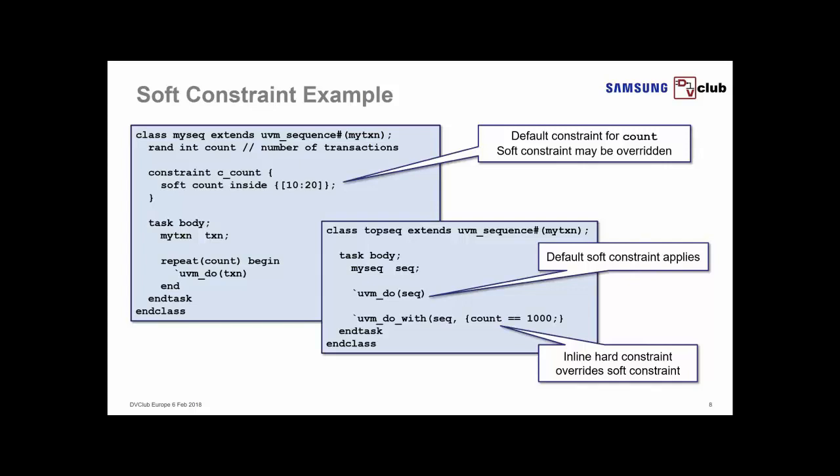Which will override the 10 to 20 default, because if I had both of those constraints and they were not soft constraints, the count cannot be both between 10 and 20 and also equal to 1000. I would get a constraint solver failure. So by having the soft constraint on the default, I can override that.